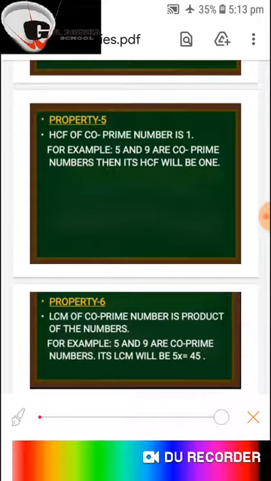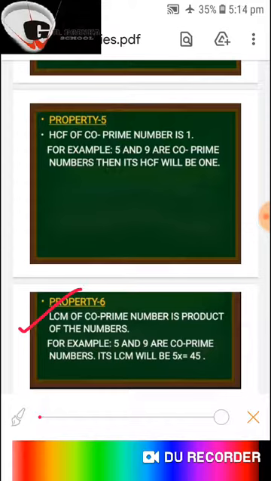Property 6. It says that LCM of co-prime numbers is the product of the numbers. We have already discussed this property in one of the questions of exercise 2.5, where we saw that if we have co-prime numbers, their LCM is equal to the product of the numbers.